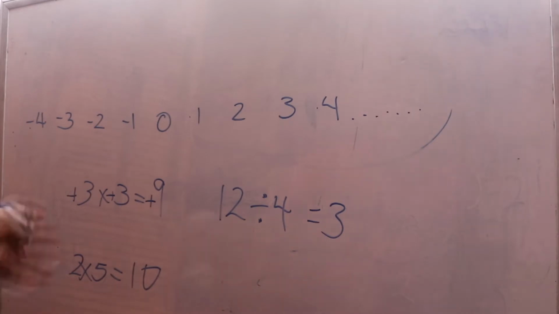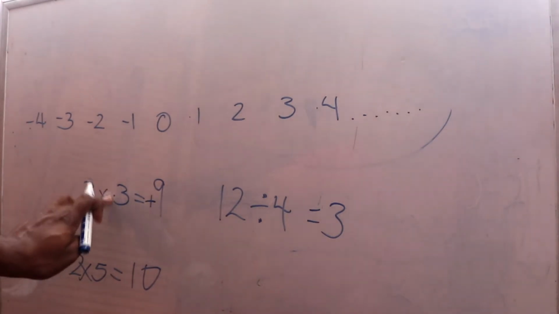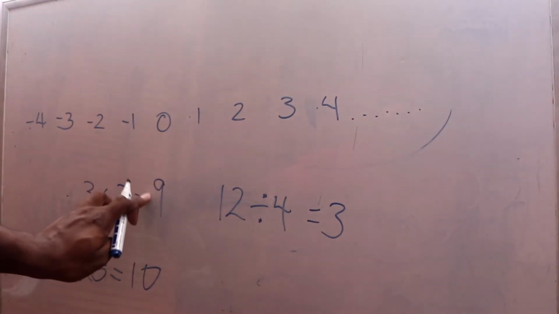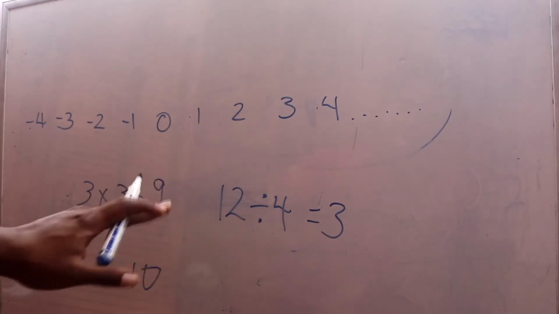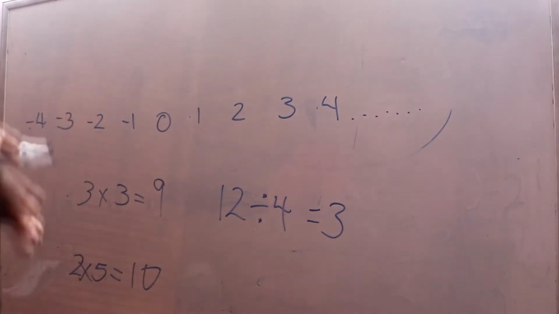So we just leave it as 3 by 3 is equals to 9. This as well, this is +2 multiplied by +5 will give you a +10. And +12 divided by +4 will give you a +3. But this is work we've done for a long time.